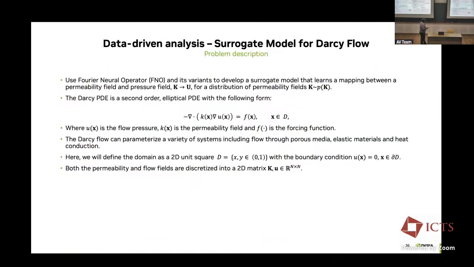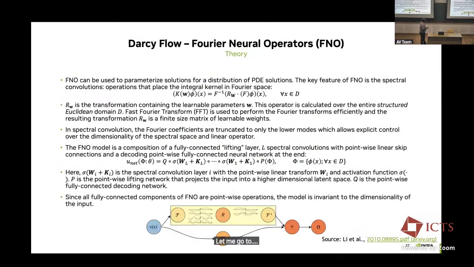Let me go further. So in Modulus, there are facilities to do FNOs, Fourier neural operators, and AFNOs also. Basically, it has a lifting and a downwinding operator, okay.